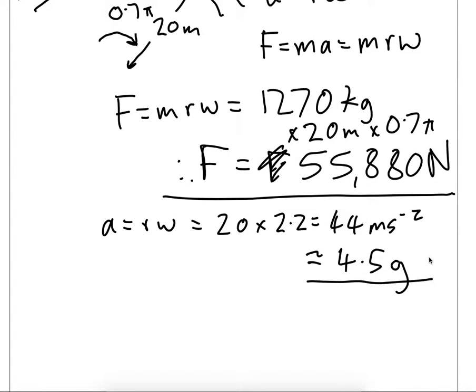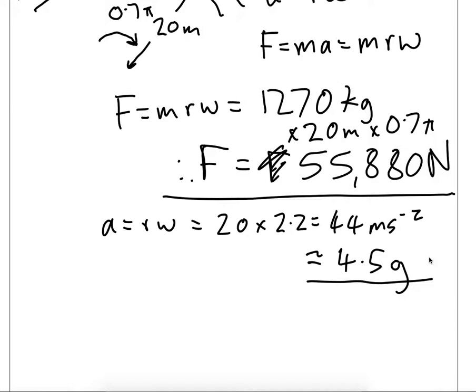Now, jet pilots who aren't wearing pressure suits for high G can pass out at about 5 or 6 G. So 4.5 G is pretty extreme. The driver is experiencing a sideways force 4.5 times as much as the downward force due to gravity. So that's pretty full on.